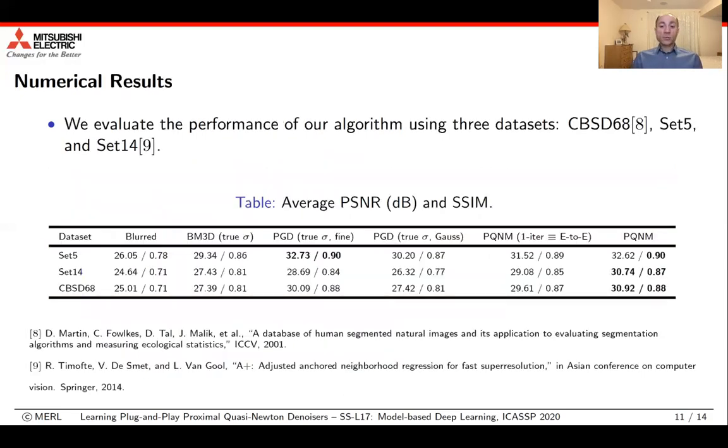When we look at the numerical results, we can see that our proposed method, so that's the last column, achieves anywhere between 1 and 3 dB improvement over all other methods, specifically over the end-to-end trained network, over the PGD with the fine-tuning and the standard PGD, and also over the BM3D denoiser.